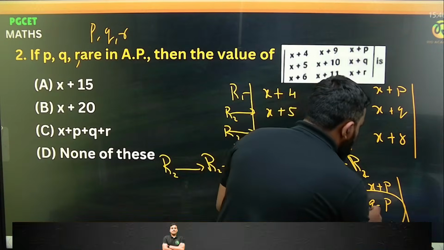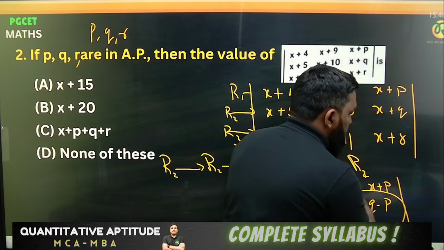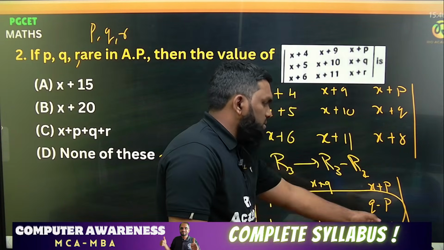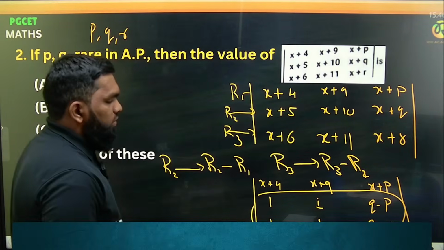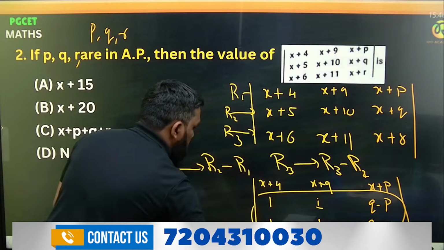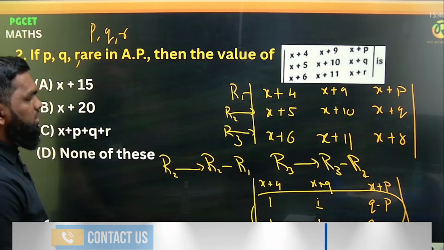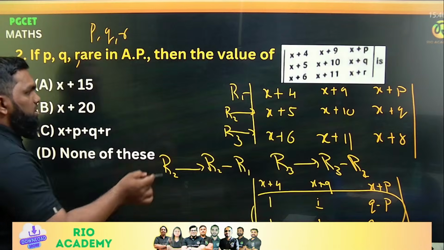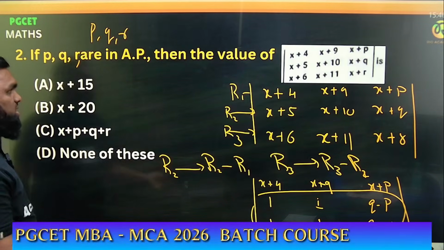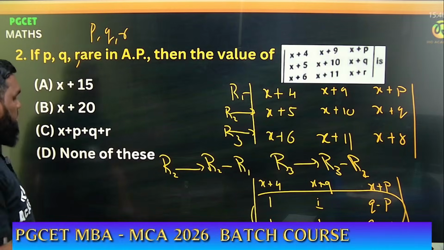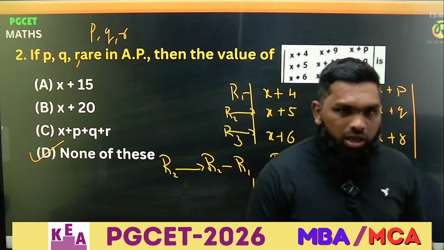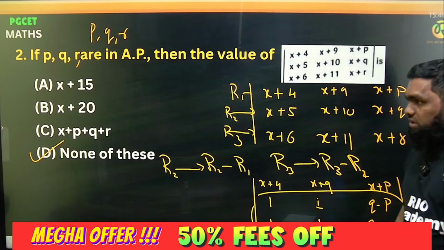Because if we subtract, q gets cancelled, and the remaining is p plus q. When you find the determinant, it becomes 0, since any two identical rows make the determinant 0. Then the option will be D, none of these. Okay.